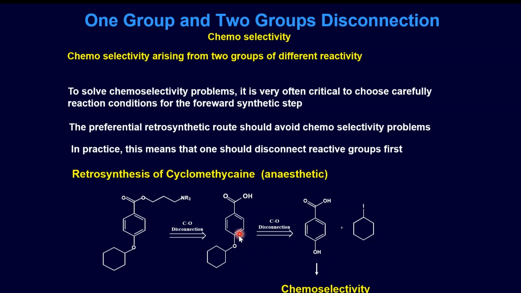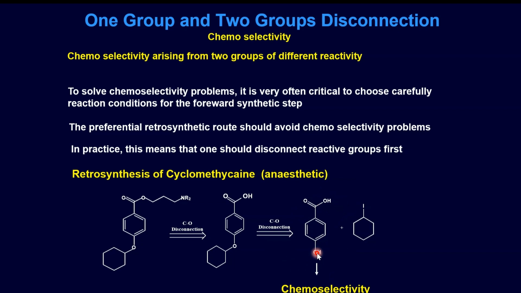However, here you see there is OH, phenolic OH and carboxylic OH. Both are equally reactive. The cyclohexyl iodide can react with this OH and also with this OH. How to overcome this? Here this is a carboxylic OH group, this is a phenolic OH group.